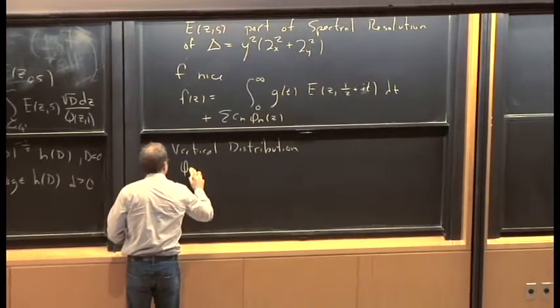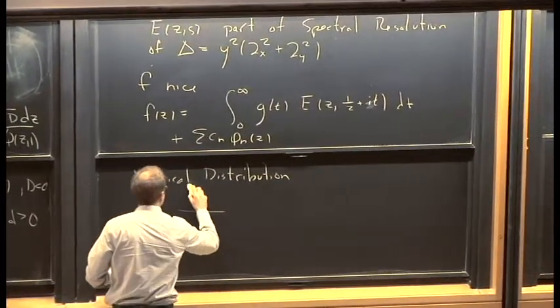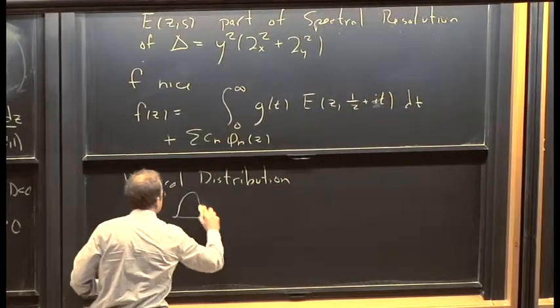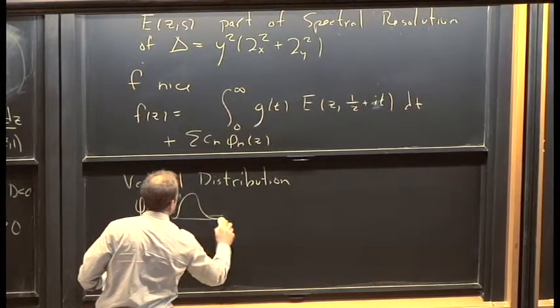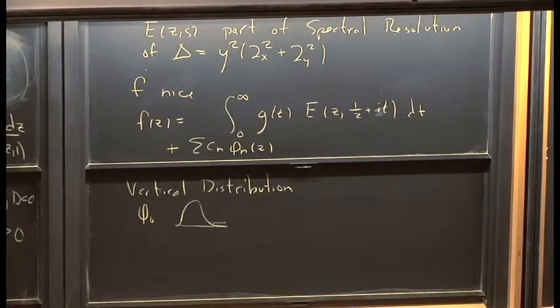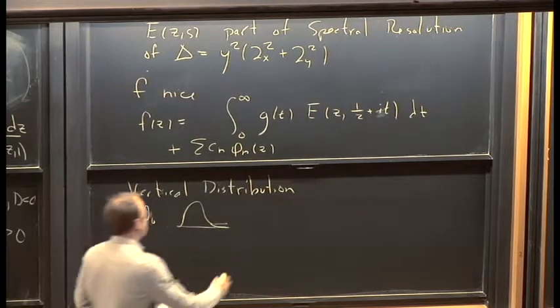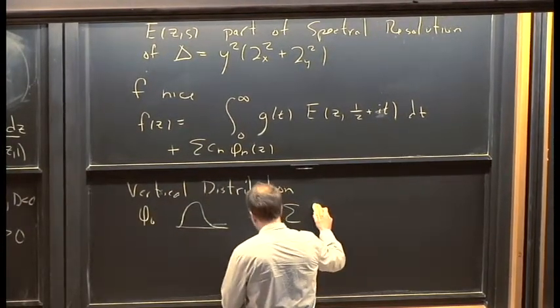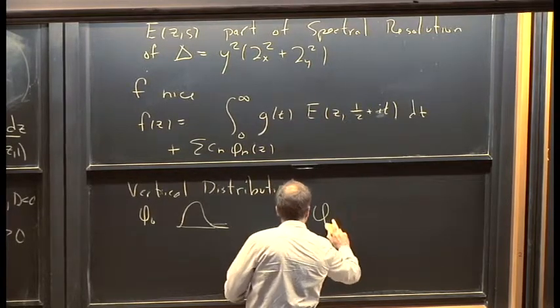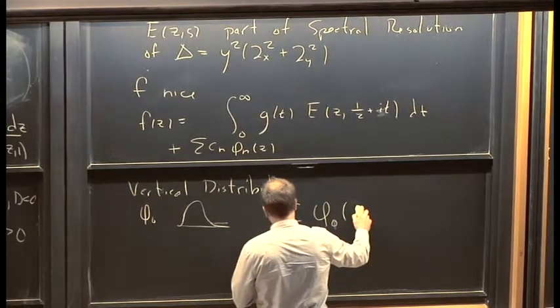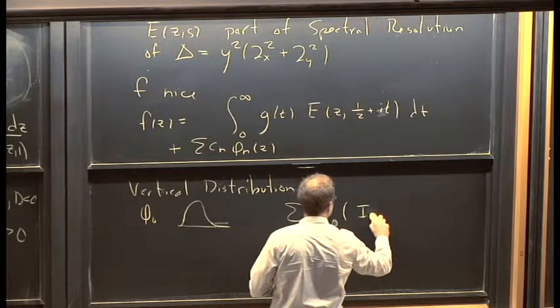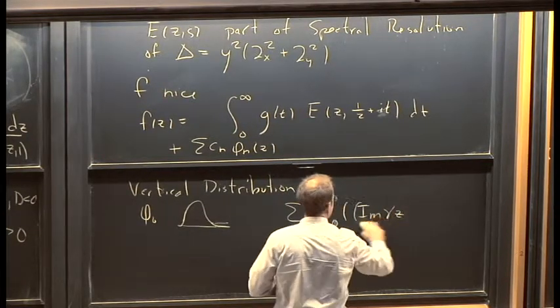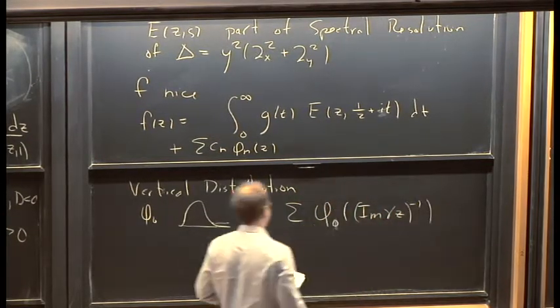Let phi 0 be smooth, compactly supported on the positive real axis, something like this. And let's make an incomplete Eisenstein series, something which lives in the continuous part of the spectrum, by doing basically the Eisenstein series averaging. It's convenient to take an inverse here.